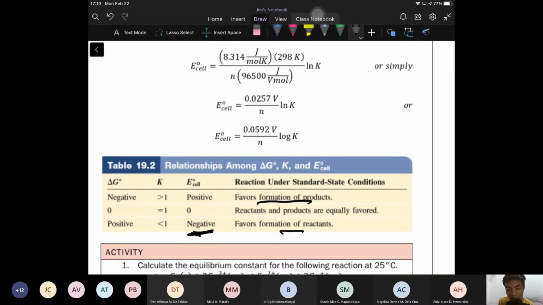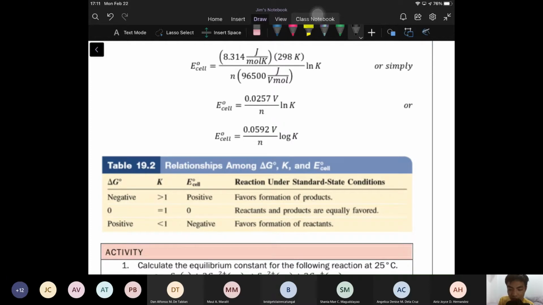Kapag negative yung E cell mo, delta G is positive. No? If you could still remember yung inyong thermo, kapag positive ang delta G, non-spontaneous. No? So, ibig sabihin nun, E cell is negative. Paatras yung reaction. No? So, hindi siya mag-form ng products. Rather, it will form the reactants.